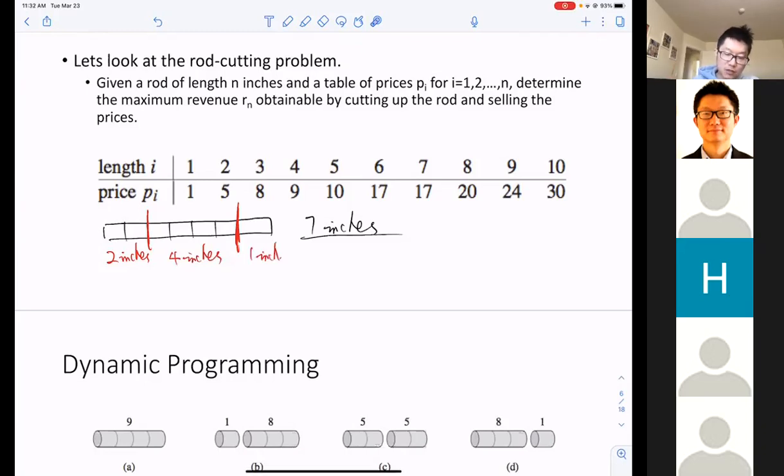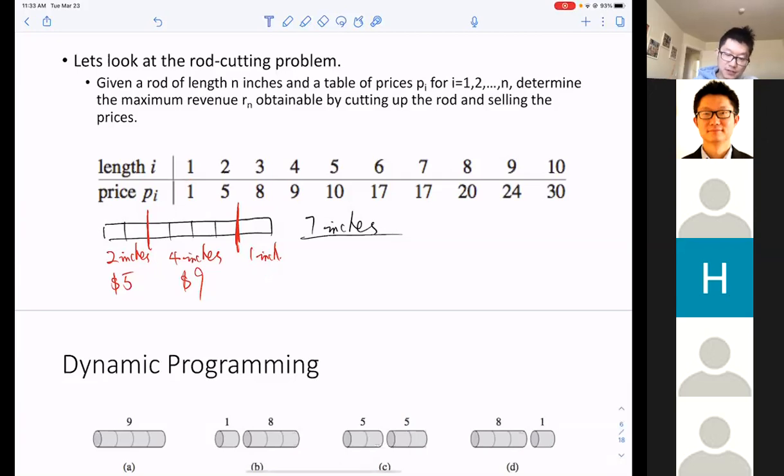If you sell a rod of length 2 inches, how much money can you make? 5. Yes, the table says you gain $5 for a rod of length 2 inches. How much can you make from the middle part? 9. Yes, because it's 4 inches, and the price for a 4-inch rod is $9. And from the last part? 1.